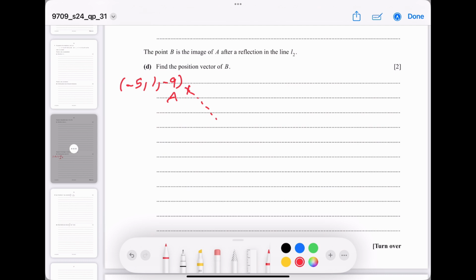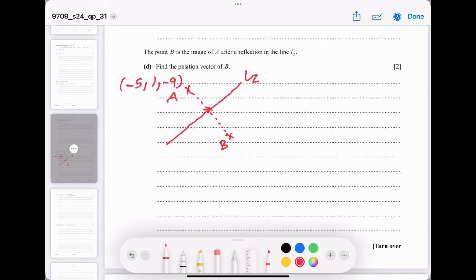So L1 would be heading this way. We also know that if it's a reflection in the line L2, so if this was L2, then point B would be of equal distance from that mirror line. So this would be point B. And this point here would be the midpoint.